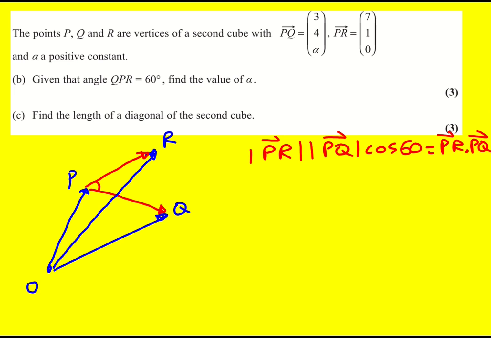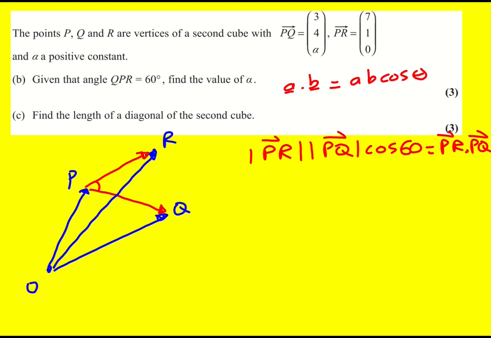It's not a definition of the dot product, but you can show where it comes from. But we're just going to go with it. Let me just write it. So a dot b equals ab cos theta. That's what I've used here.